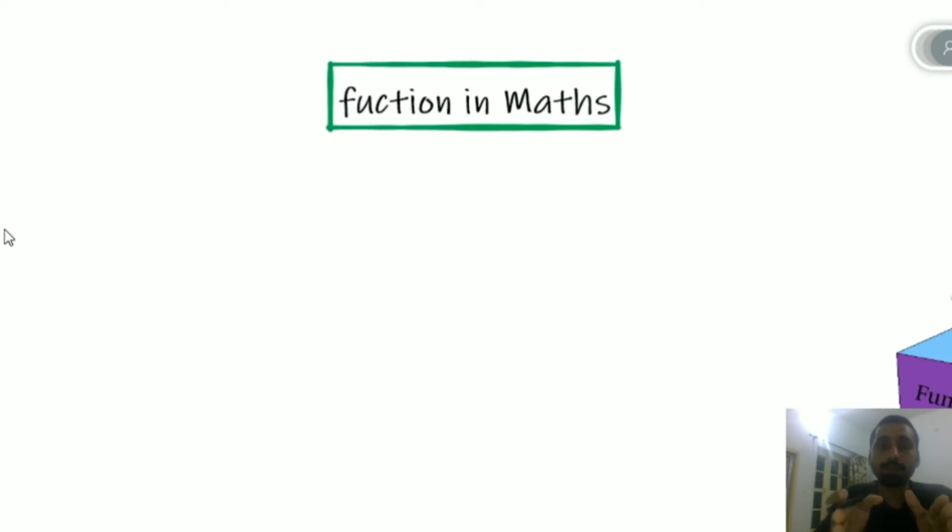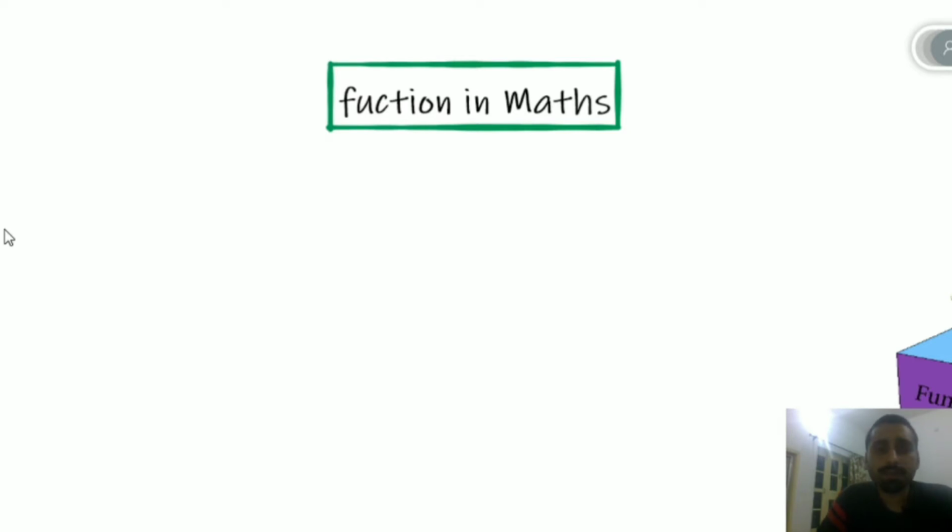So if you are clear about the function, what the domain of the function is, what the range of the function is, what the different types of functions are, how we plot the function, and how we find the domain, codomain, and all things about the function, then you will easily understand the concepts in calculus. Okay, let us start the function in maths.